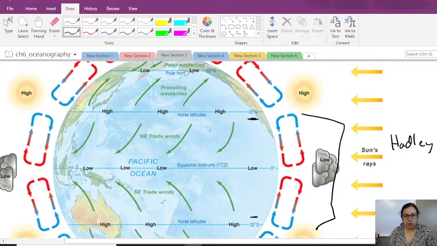It tells you what kind of weather to expect. If it's cooling back down, this is creating high pressure, so we expect clearer weather conditions. And then in the low pressure regions, you're going to expect a lot of storms at the equator.